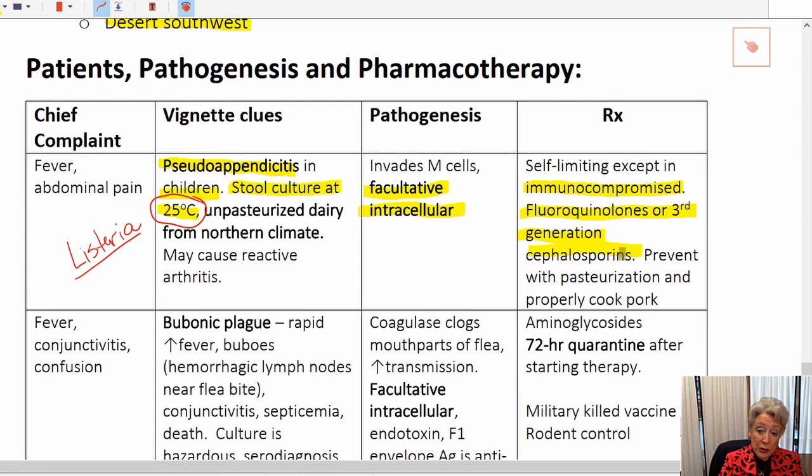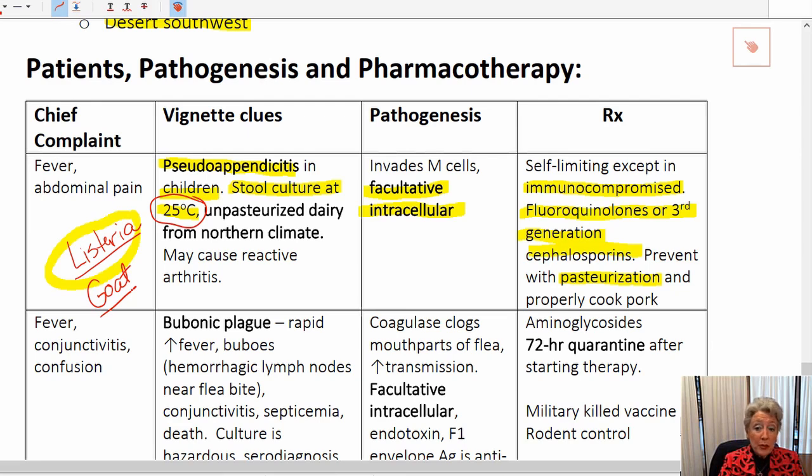Now, one of the clues that is often given toward the lack of pasteurization, and this is not a specific commentary just for Yersinia, but could equally as well pass for Listeria, is remember that if they mention something about goat milk or goat cheeses, remember, some of you who have been educated or grown up outside of the United States would realize that goats actually make fairly nice pets.